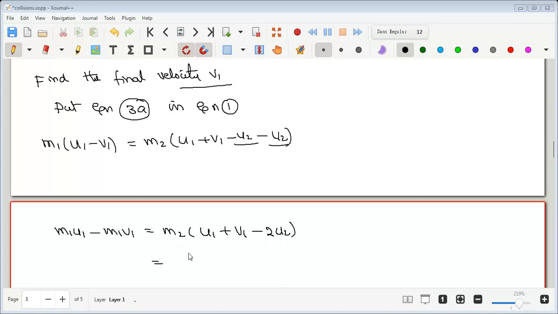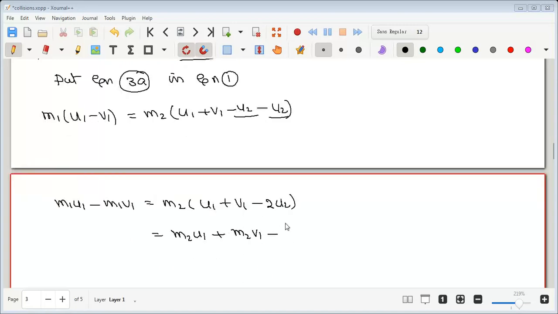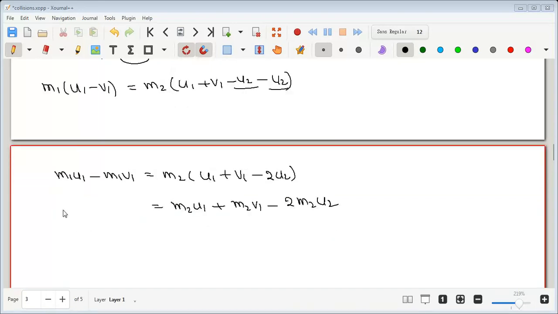Now distribute m2: m2 u1 plus m2 v1 minus 2m2 u2. At left hand side, this is m1 u1 minus m1 v1.